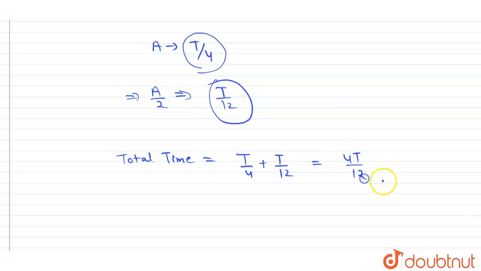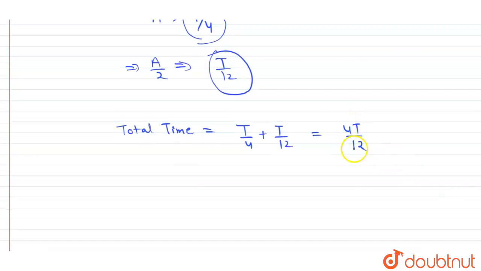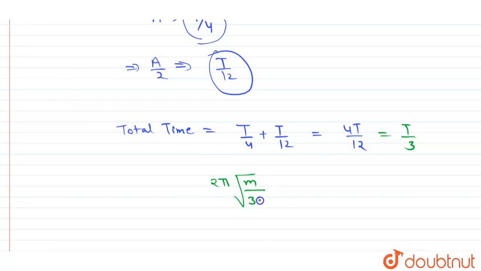You can write this as 4 cancel 12, meaning T by 3. This must be T by 3. Or else you can write this equation with T as 2 pi by omega, meaning 2 pi root m by 3k. This is T by 3, the total time.